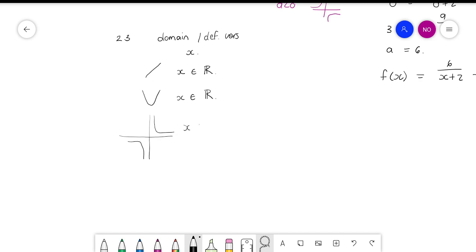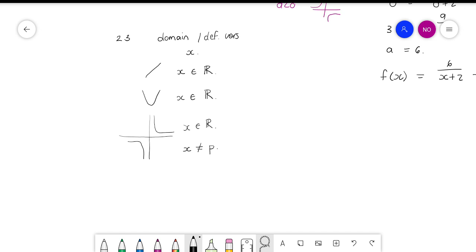Hy's ook x is 'n element van alle reële getalle, maar hy het nog 'n stuk by. So for this one, you actually don't have to write the x is an element of all real numbers. This is the part that you will be getting marks for. X cannot be equal to P, which is the asymptote of the x-axis.